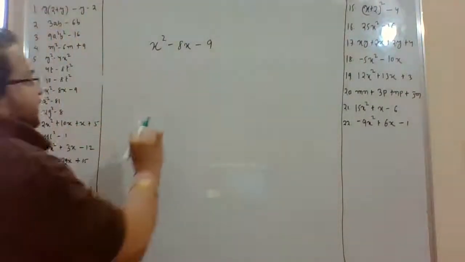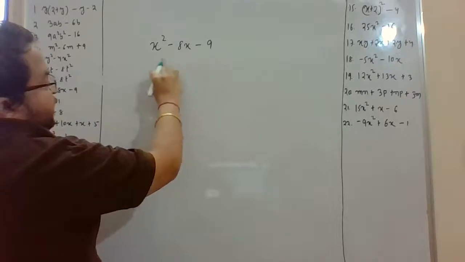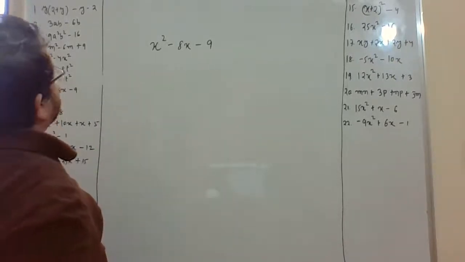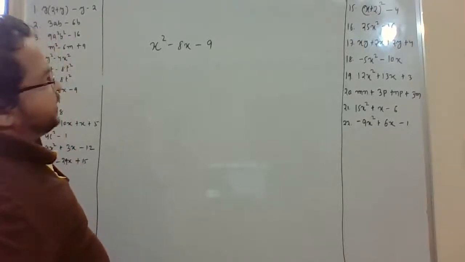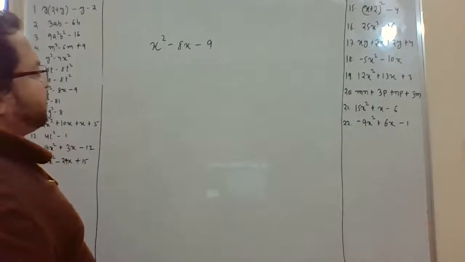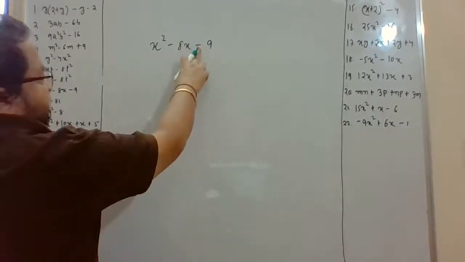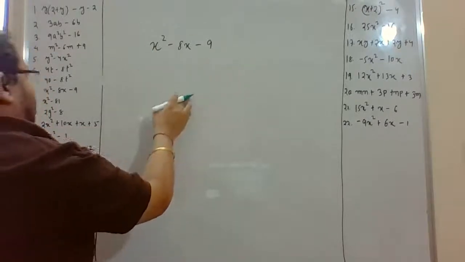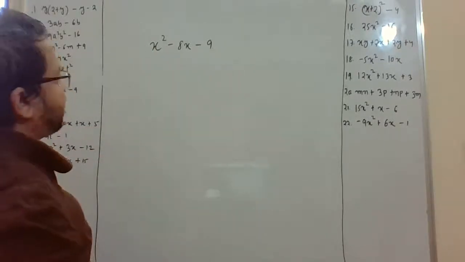Second, can it fall in any of the identities? No, it will not. It doesn't look like a squared minus b squared or a squared plus 2ab plus b squared, because the last term is minus 9. Had it been plus 9, we could have still thought about it. So it will not fall in any identity.